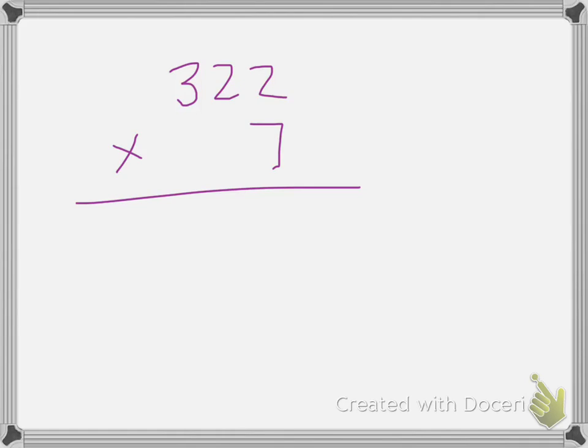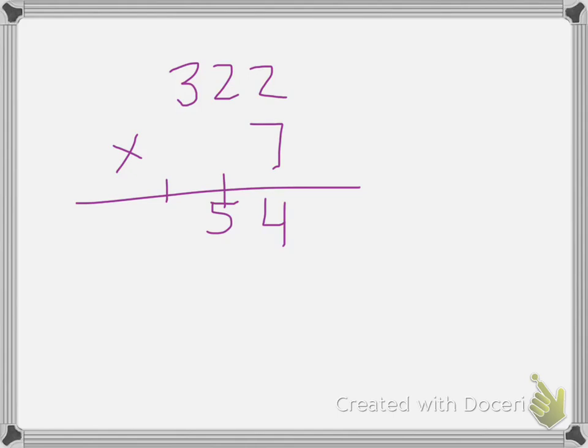Okay, so I have 7 times 2, that gets me 14, so I record the 4 and rename the 1. Now I have my 7 times 20, because that 2's in the tens place, so 7 times 2 gets me 14 again, but this time I had a rename from the ones place, so I have 14 plus 1 more gets me 15, and that 10 renames out to the hundreds.